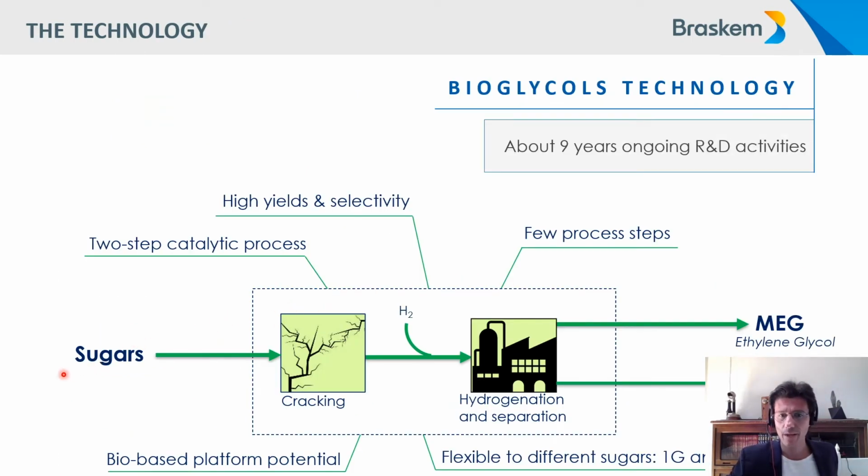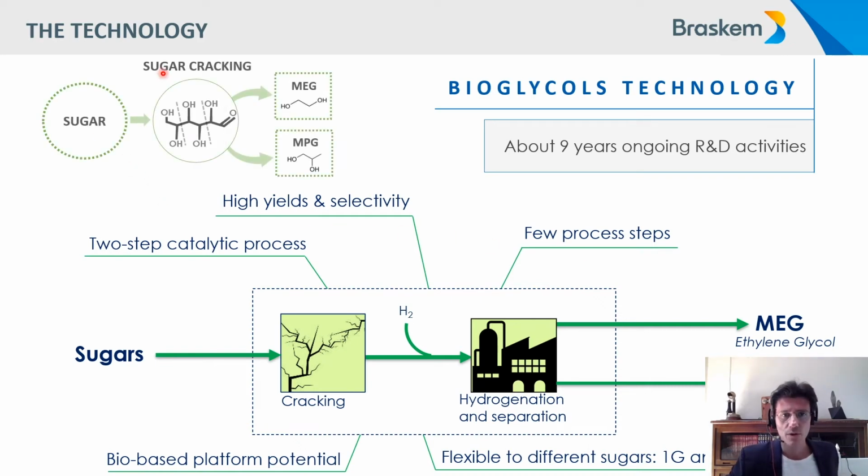It's based on FCC, which is a very well-known process in the oil refining industry. So we are using the same concept to crack sugar into intermediates that will be hydrogenated to produce ethylene glycol and monopropylene glycol. So it's very flexible for different raw materials: from sucrose, from sugarcane, from dextrose, from corn, or even second generation sugars.